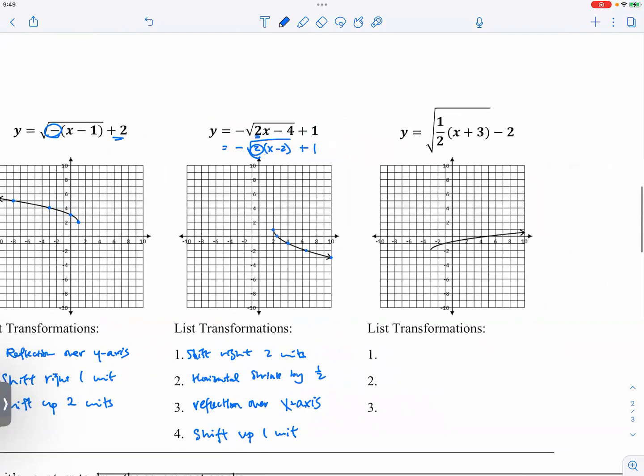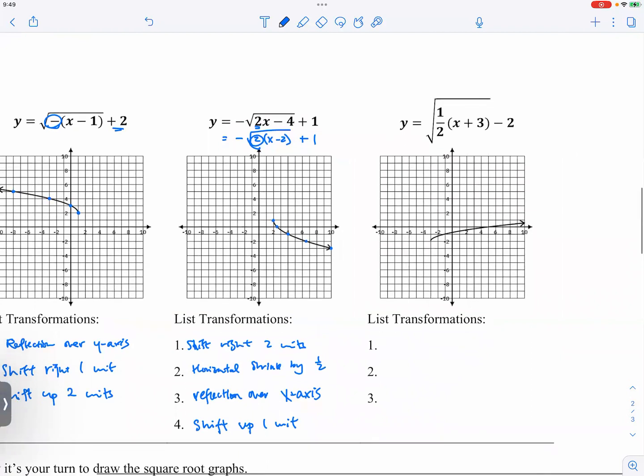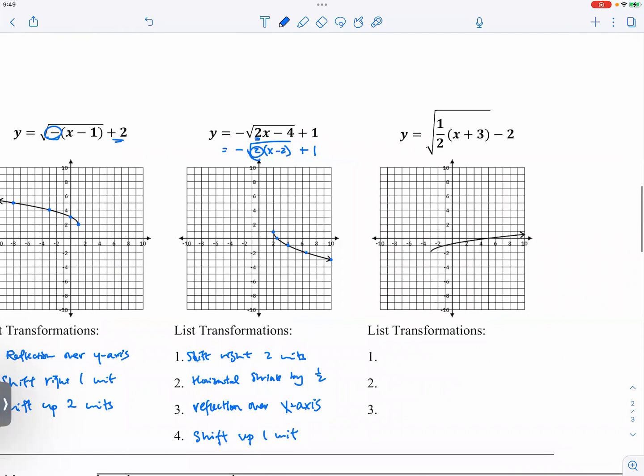And then the last one right here, we have 1/2 right in the front. And then we have a +3 and the -2. We know that it's shifting down 2 units. So it's going to shift left 3 units.